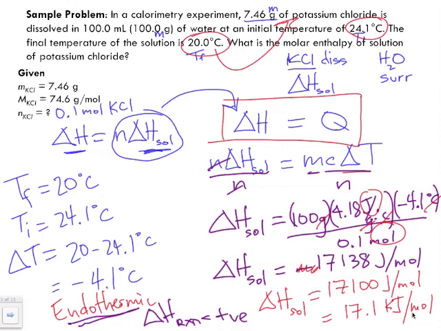So in other words, the enthalpy change that dissolves the potassium chloride is 17.1 kilojoules per mole. Now, the reaction, as we said, is endothermic. The molar enthalpy of the solution for potassium chloride has to be a positive value, because really energy is being released from the water, Q, to dissolve the potassium chloride.